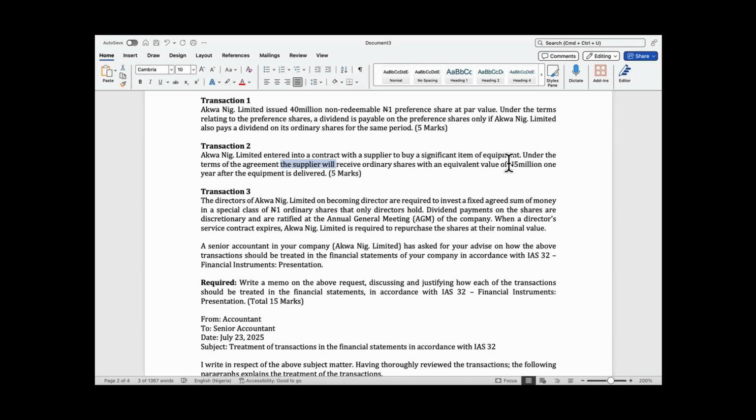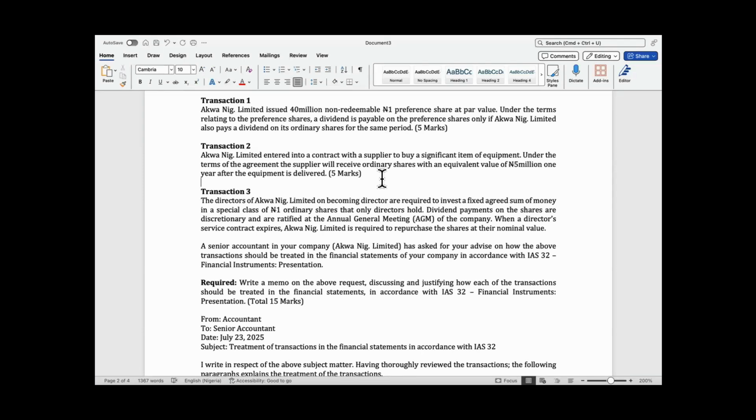And the shares he will be given will have a value of 5 million 1 year after the equipment is delivered. So he's not paying now, right? He's not even paying cash. He will pay with shares 1 year later.